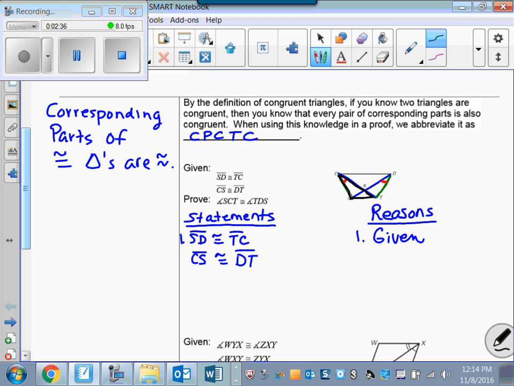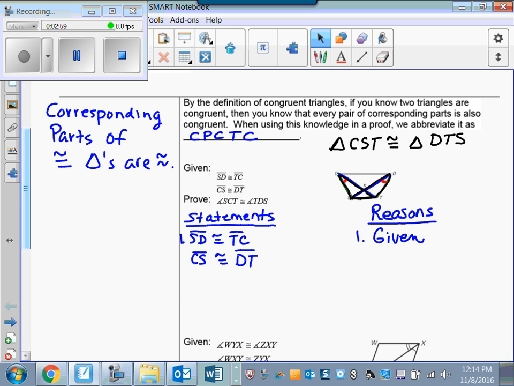Let me write this down. What do we need to show in order to have those angles be corresponding parts of congruent triangles? We need to show that triangle CST is congruent to triangle DTS. That's what I think our mission is. So that should probably be my next to last step in my proof. So let's just keep that in the back of our heads.